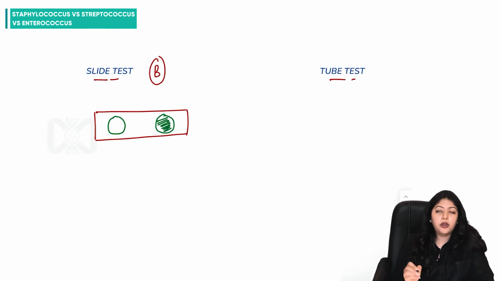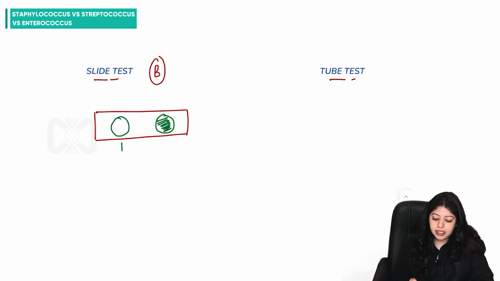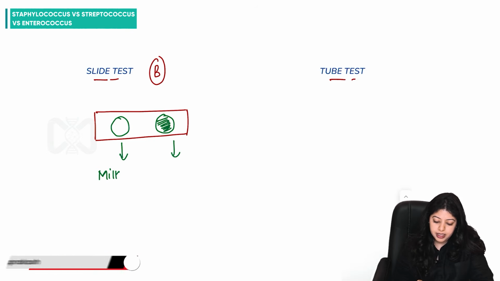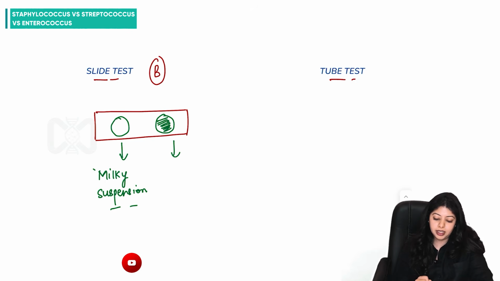In both the circles, we are going to have a drop of normal saline, and in the normal saline, we are going to prepare milky suspensions. And what are these milky suspensions comprised of? It is the bacterial colonies that we are going to mix with the normal saline onto the glass slide, right?